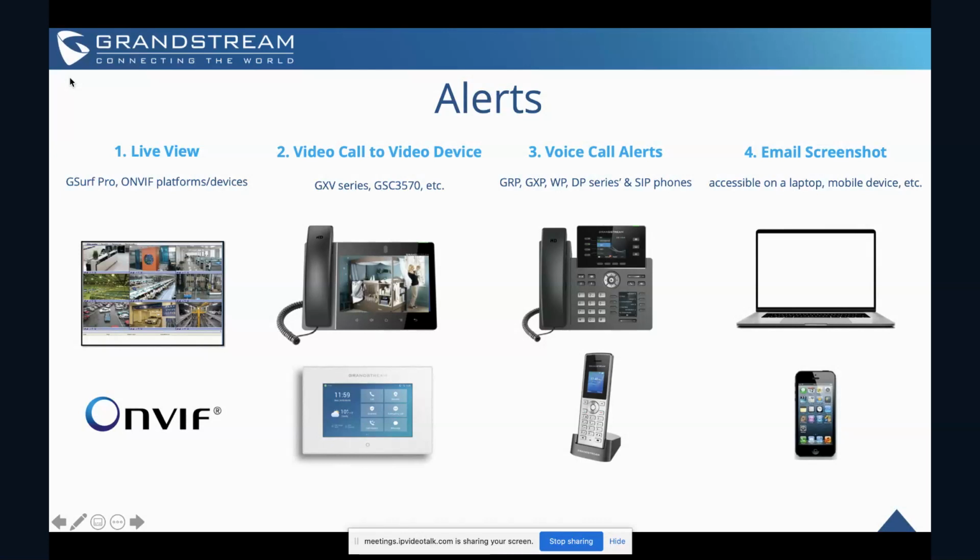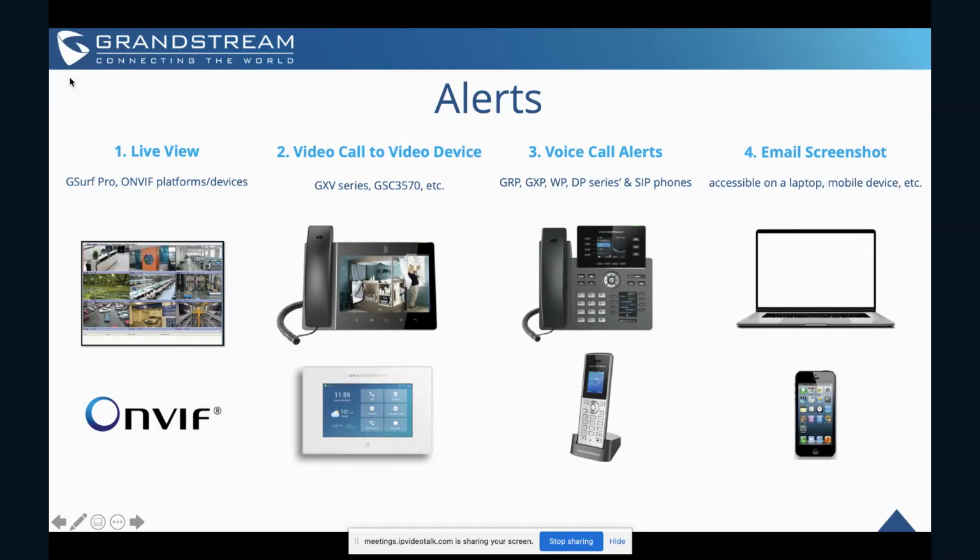So the example I'll give there is if a warehouse manager hears something strange going on back by the warehouse entrance or noise where they might not be expecting a delivery, they can just pick up the video phone on their desk, call that extension, and see exactly what's going on with the camera.